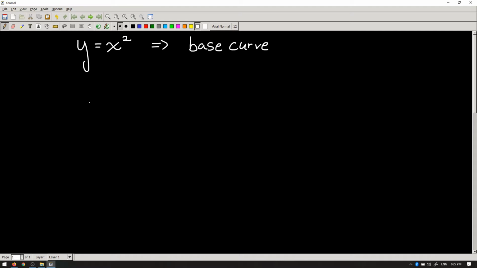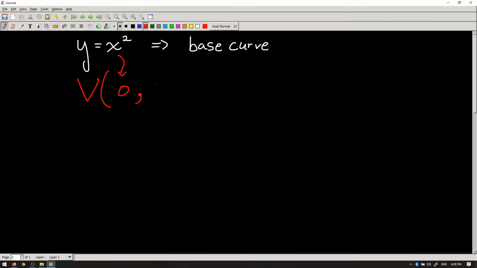Now, in order to plot this, we first need its vertex. So, step one is to get the vertex. So how do we get that? Well, this is in vertex form, and to get the vertex, here's what you do. You have to ask yourself, is there a bracket around the x term? There is no bracket at all. What that implies is that the x-coordinate of the vertex is 0.